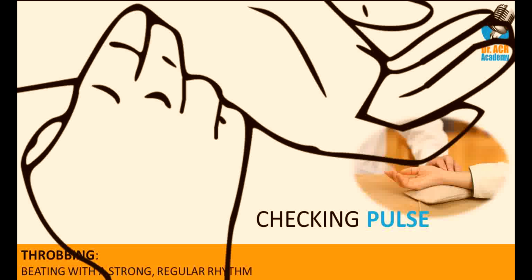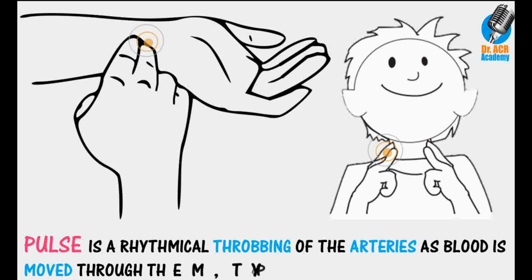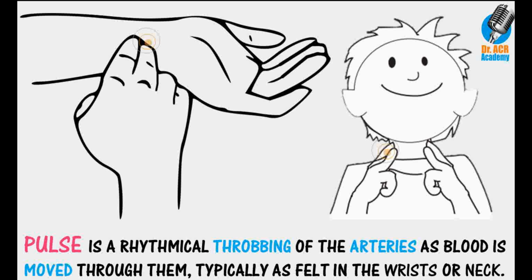This rhythmic beating is due to blood flow in the arteries. Pulse is a rhythmical throbbing of the arteries as blood is moved through them, typically felt in the wrist or in the neck.